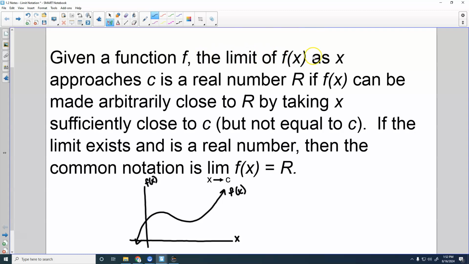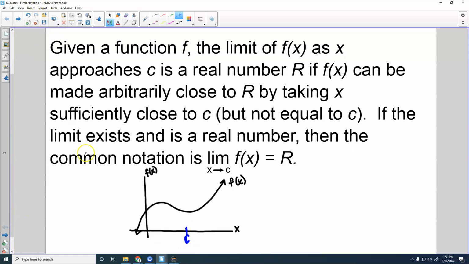The limit of f of x as x approaches c. So x is getting closer and closer to c. That means c is somewhere on your x-axis. So we'll call that c right there. Okay.